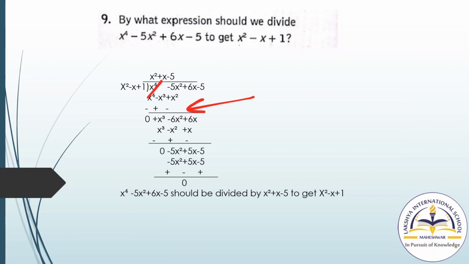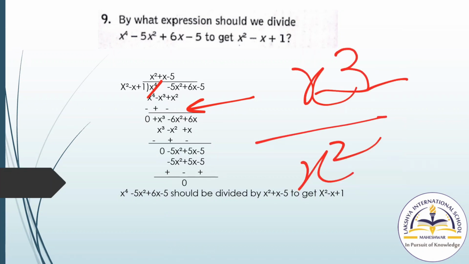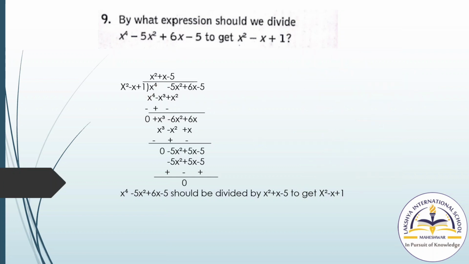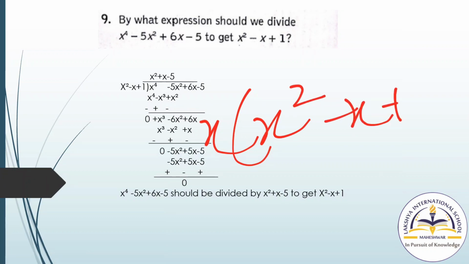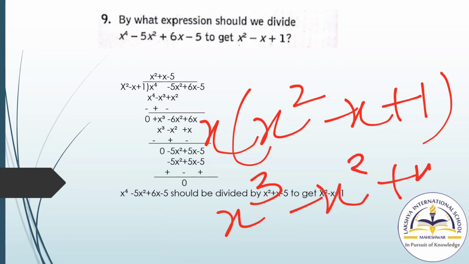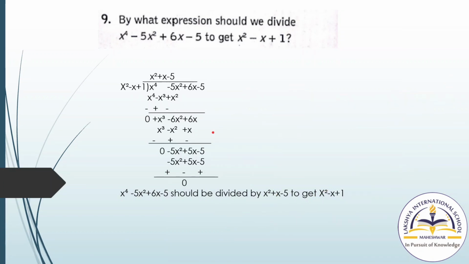Now x cube by x square, you will get x. Now here we have written x. Now again x multiply x square minus x plus 1. Now we will get x cube minus x square plus x. Here we have written, then again you have to subtract them, this will be cancelled out, and this is the remaining term.